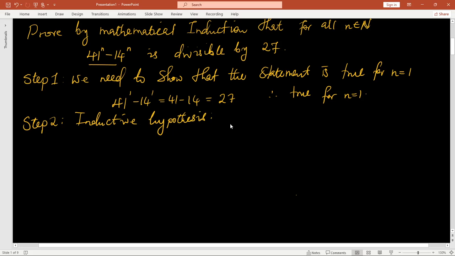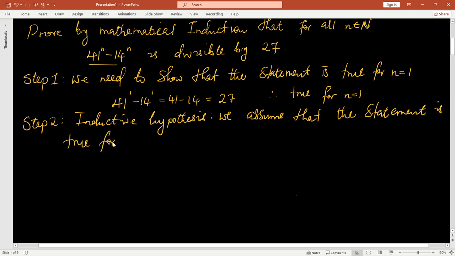So on the inductive hypothesis, we make an assumption that the statement is true for n equal to k. So assume that the statement is true for n equals to k.